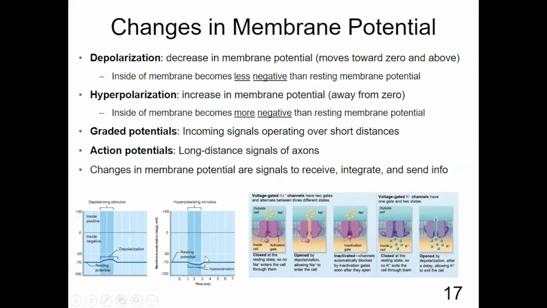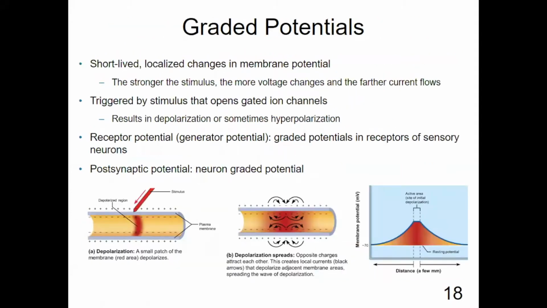Action potentials are how neurons conduct information over longer distances. Graded potentials are how neurons conduct information more locally. So if we look at this figure here on the bottom left-hand corner of slide 18, we are looking at a cross-section of a neuron.